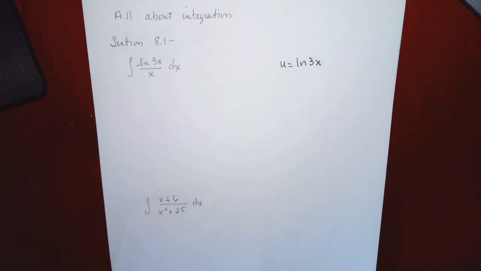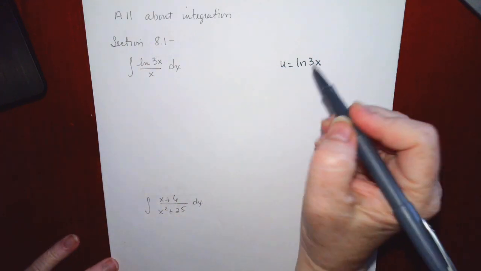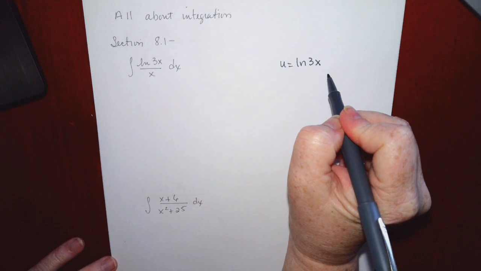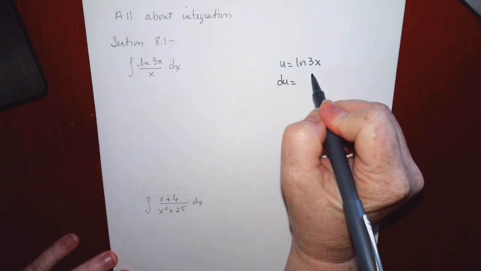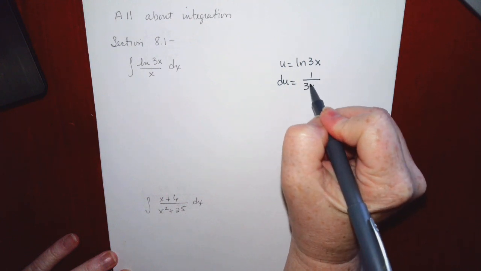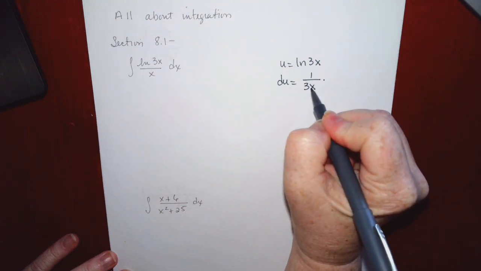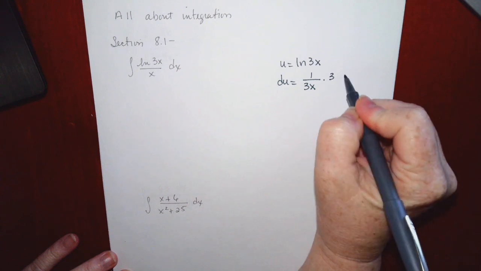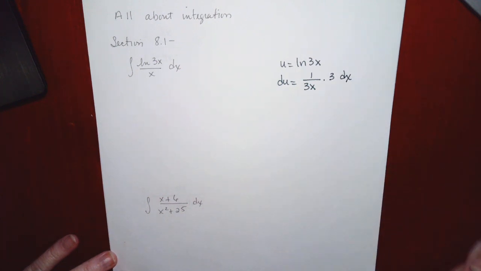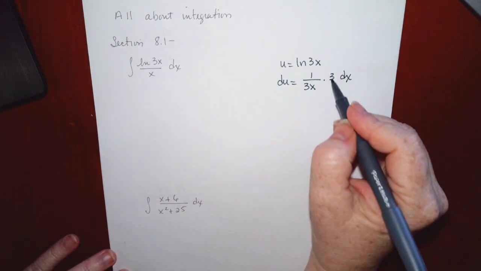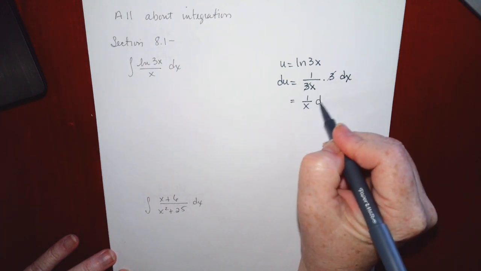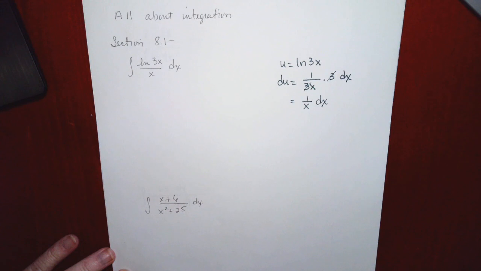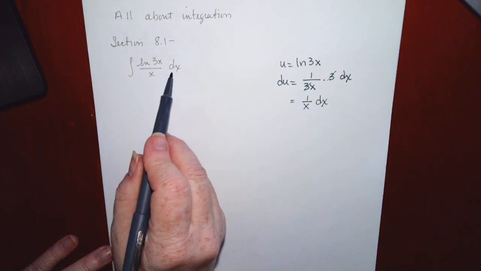So when we have the natural log of 3x divided by x, I would try just letting u equal the natural log of 3x, and then du would be 1 over 3x times the derivative of 3x, which is 3, times dx. So my 3's would cancel, and I would have just 1 over x dx, which is great because I have the over x and the dx here.